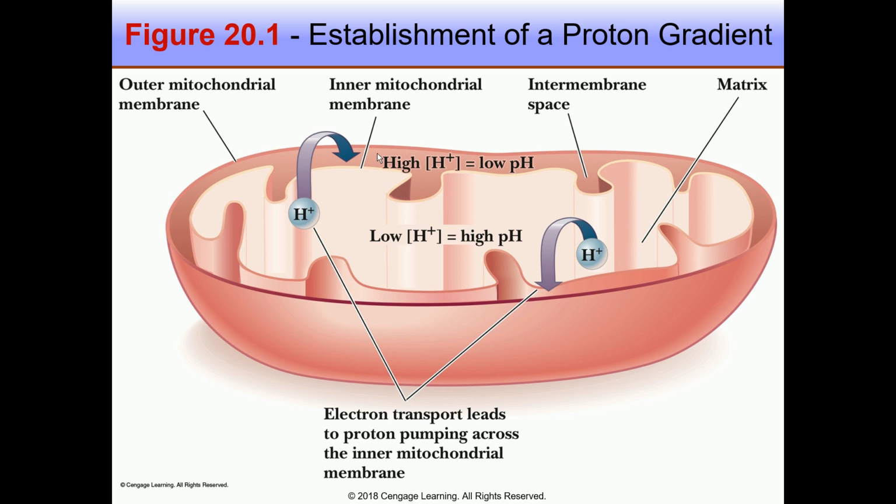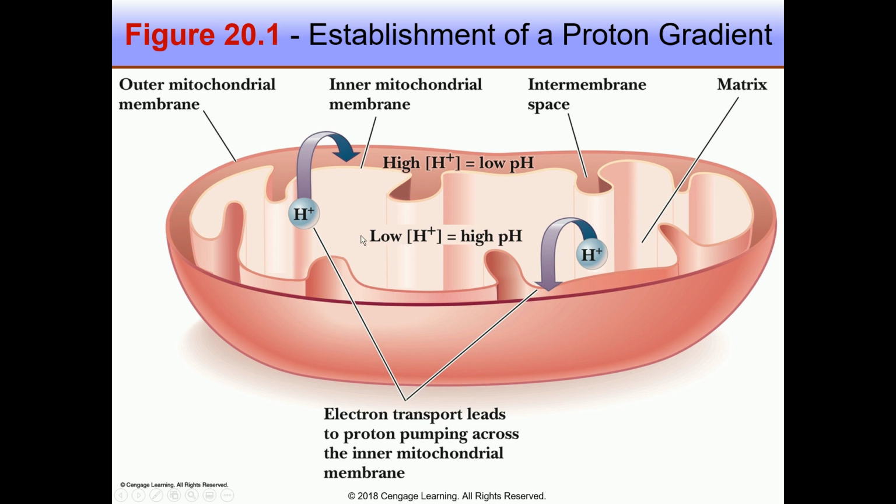This is a natural, spontaneous process. This process does not need any energy. But when the molecules or the ions have to move from low concentration to higher concentration, they need energy. So that's an active transport.